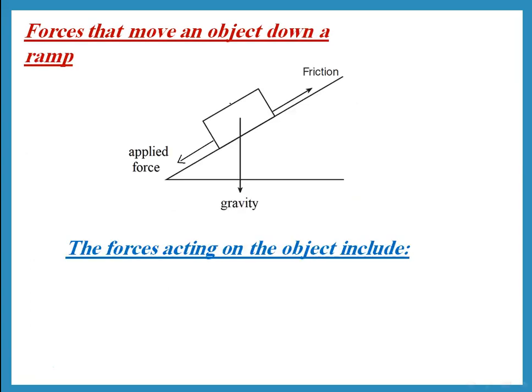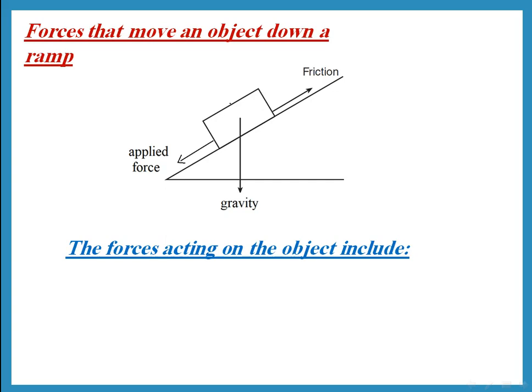Okay, what if the object is on a ramp? You know that a ramp is a path that is slanted. Now, if this object is trying to go down, that means there is a force applied on it, allowing it to go down. But as it goes down, there is friction between the object and the surface of the ramp, and the friction is in opposing direction to the applied force.